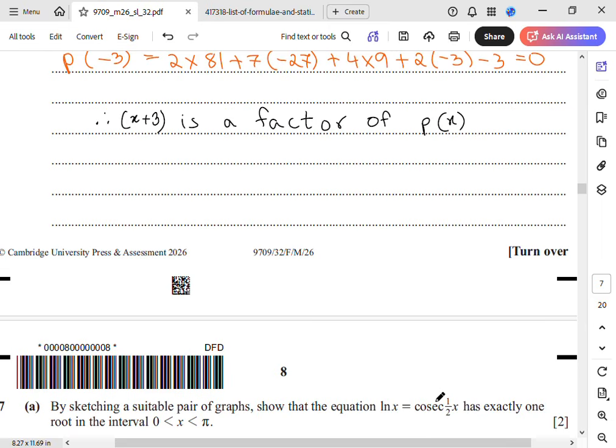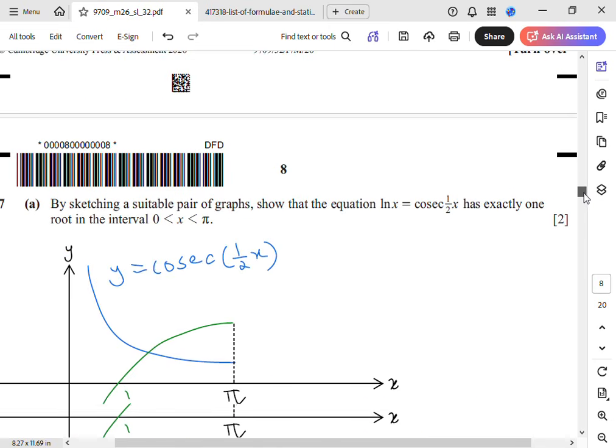So cosec half x will have a period of 4 pi. Here the cosec half x will have the y-axis as an asymptote and it will reach, at pi, cosec half pi would become 1.